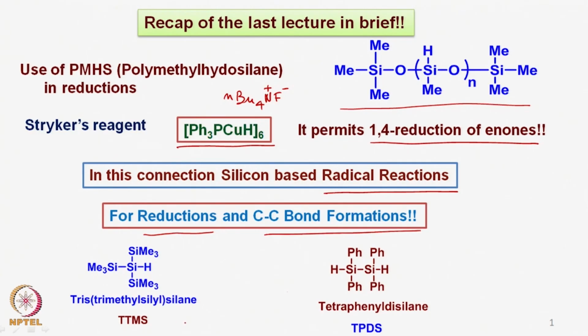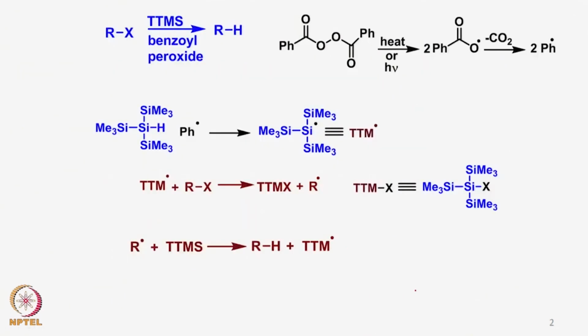There we introduced tris(trimethylsilyl)silane, which is a sterically hindered hydrogen containing silane, and also tetraphenyl disilane, which is also a very nice reducing agent, and also allows CC bond formation to take place.